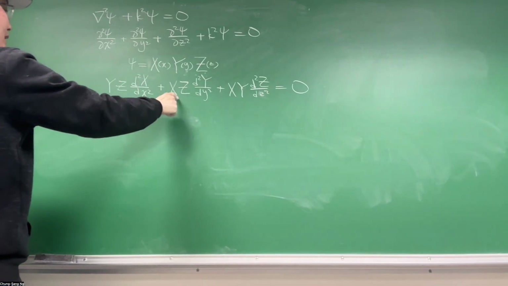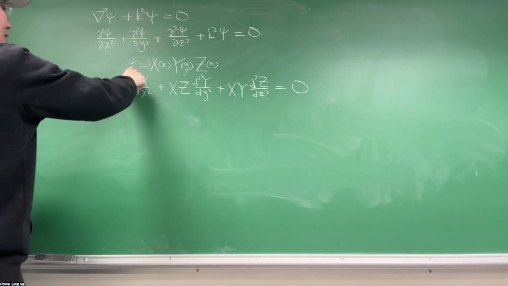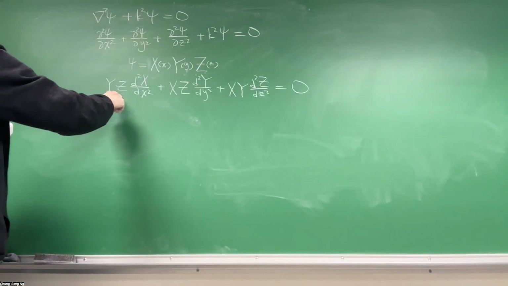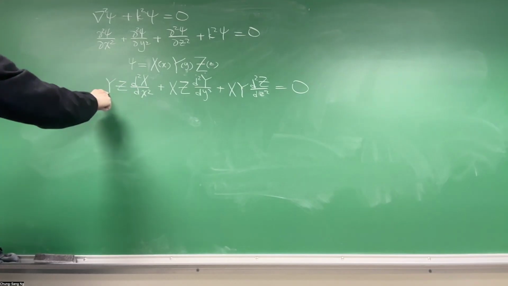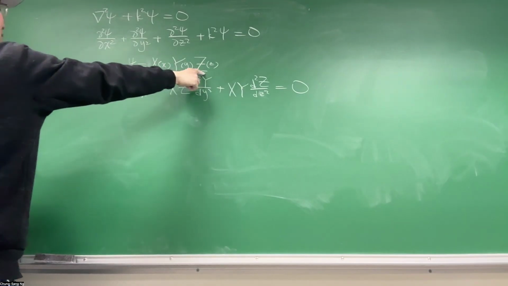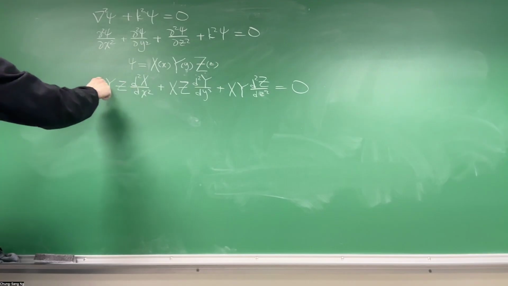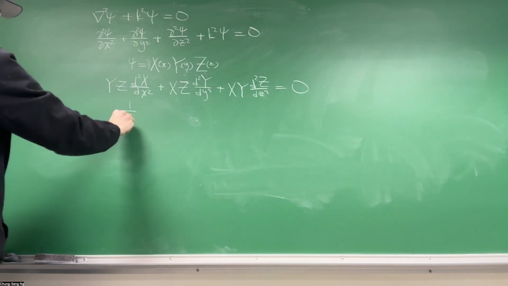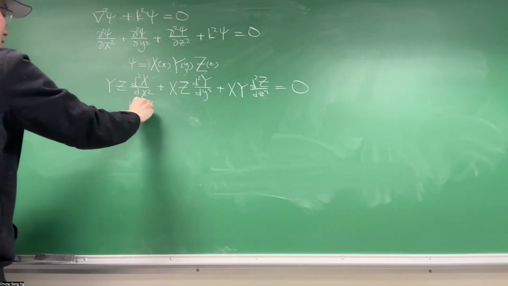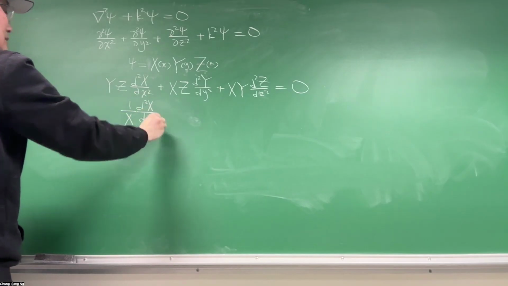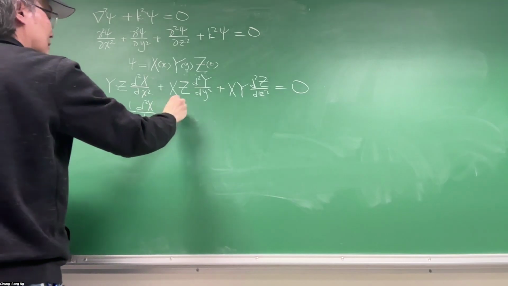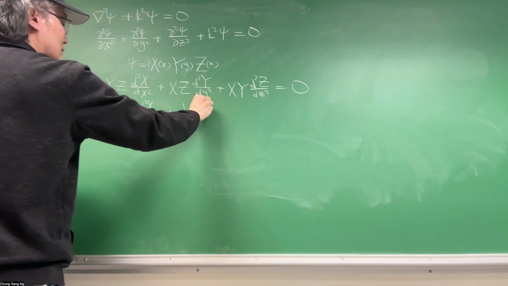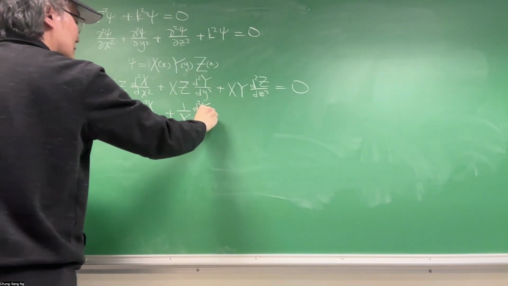So the idea why we do that is we divide the whole thing by this psi function, so the psi in the denominator, which is X times Y times Z. Now for the first term, you cancel Y and Z, so it leaves 1 over X, capital X, d squared X over dx squared, right? And then the second term becomes 1 over Y, d squared Y over dy squared.